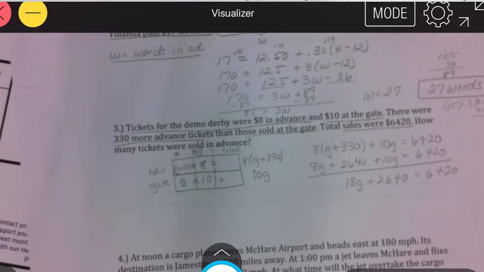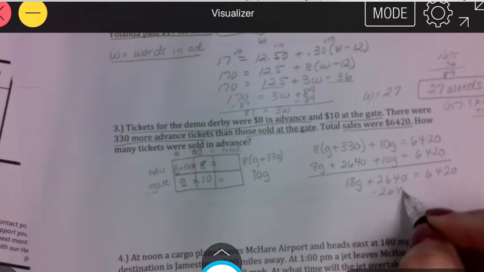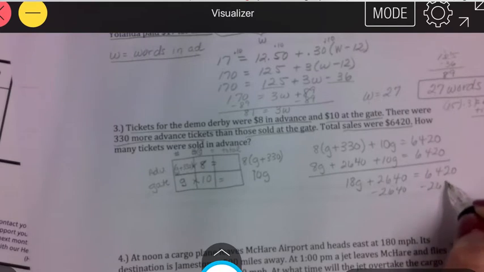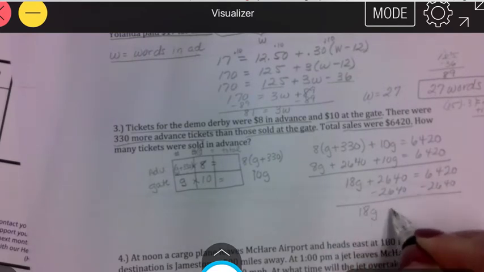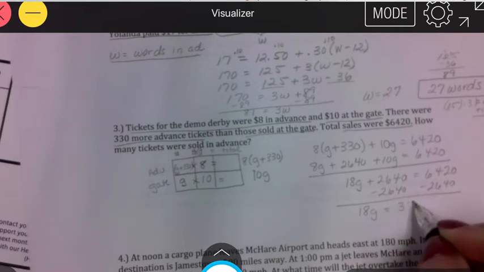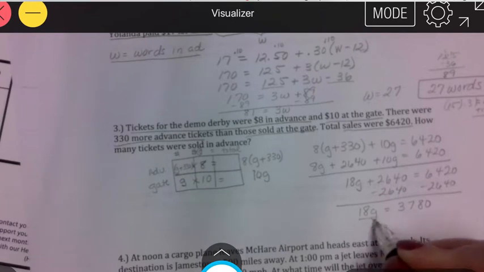Going through and solving, if I take 2,640 and subtract it from 6,420, I have 18G is equal to 3,780. If I then divide, I'm going to end up with 210.